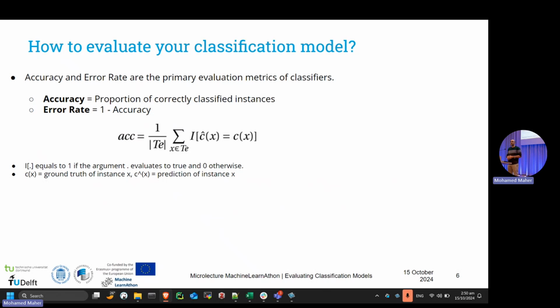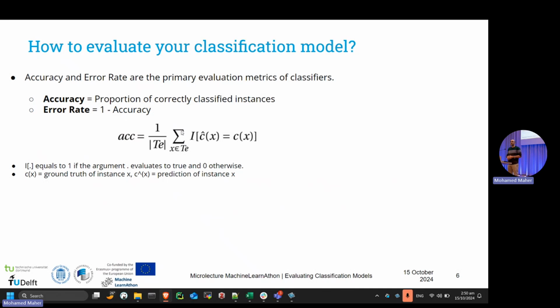So it's not only about the error rate or the accuracy. Accuracy and error rate are primary evaluation metrics that we always consider. Accuracy is the proportion of correctly classified instances. Error rate is 1 minus the accuracy.